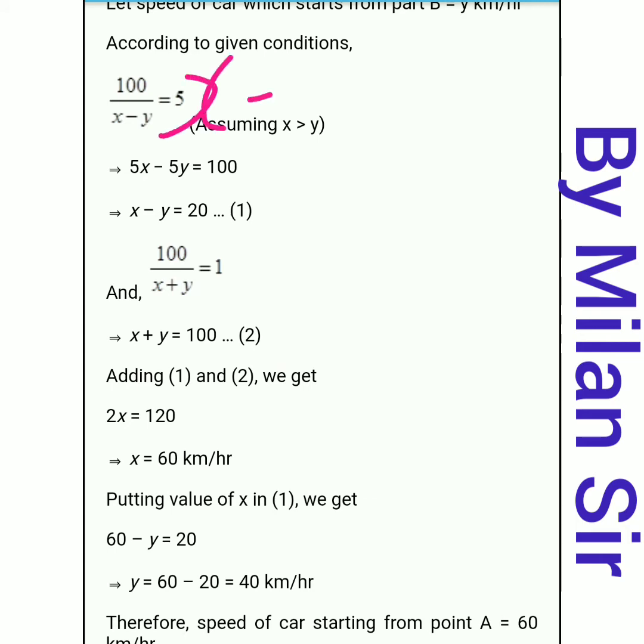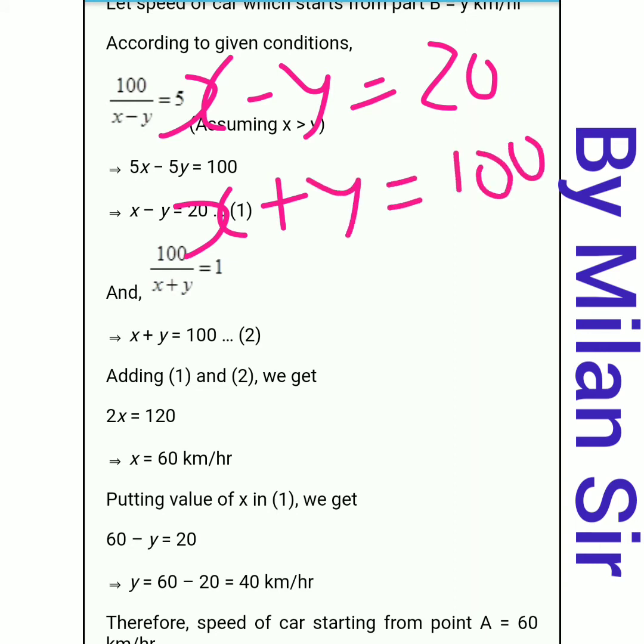So write down equation 1, it is x minus y is equal to 20, and write down equation number 2, it is x plus y is equal to 100. Now we use the addition process, that's why we do not need to change the sign. Okay, and here plus y minus y cancel.